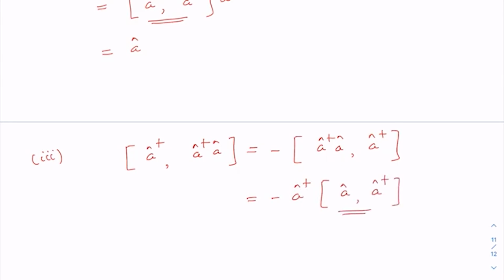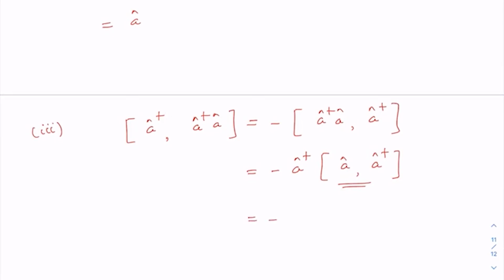And I know that [A, A dagger] is equal to 1, so I have here minus A dagger.